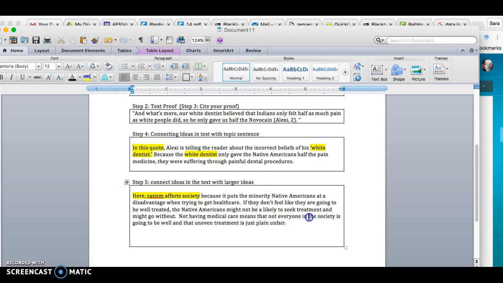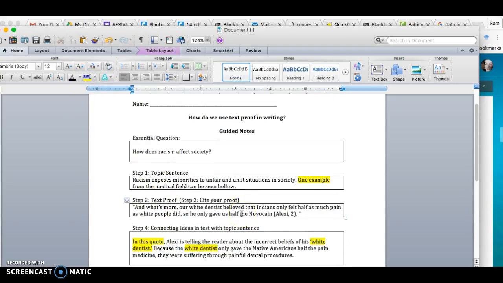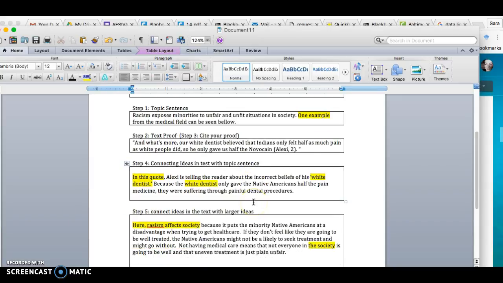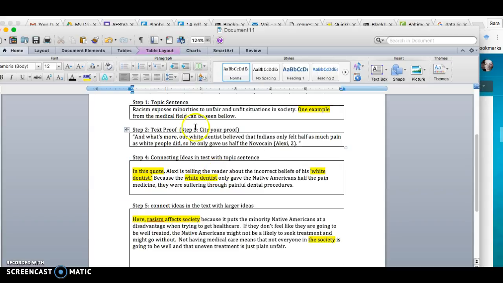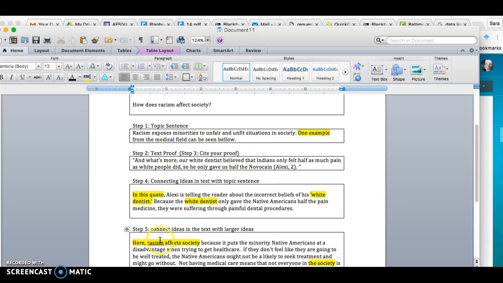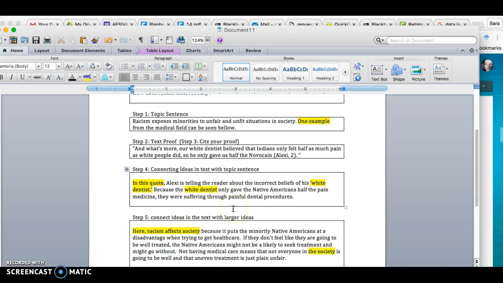Again, here's the word society. So notice in every single step besides the text proof, I'm showing my reader that the text proof is linking to these bigger ideas.